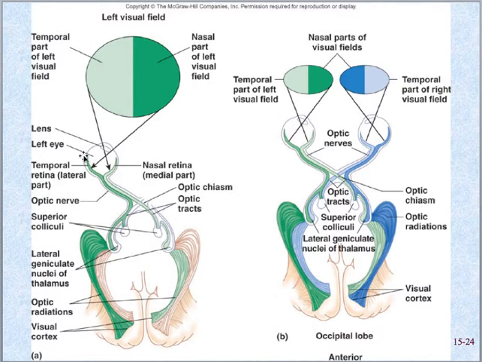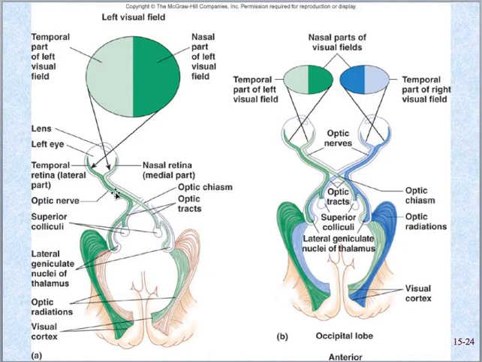Now, coming from the optic nerve, we notice that the nasal part doesn't cross at the optic chiasm. The temporal part does cross at the optic chiasm to the contralateral side.